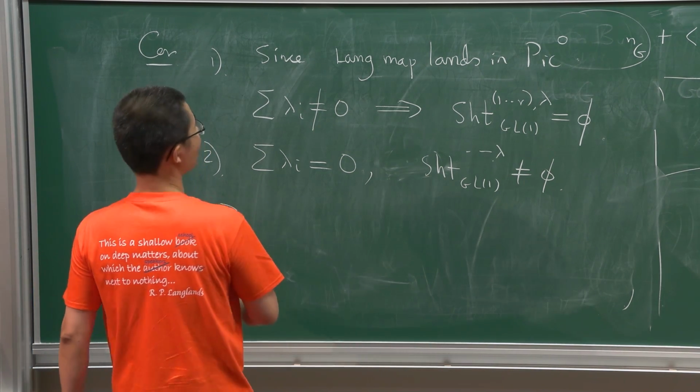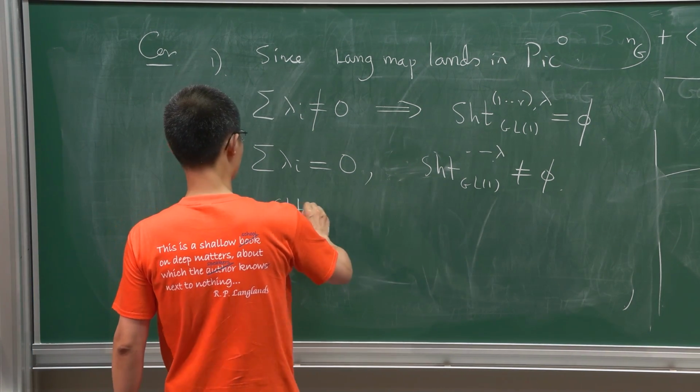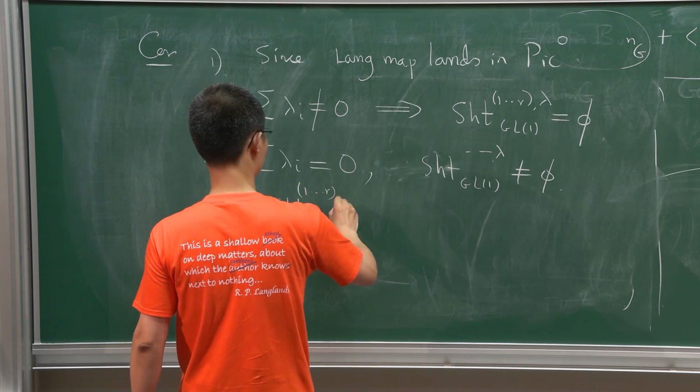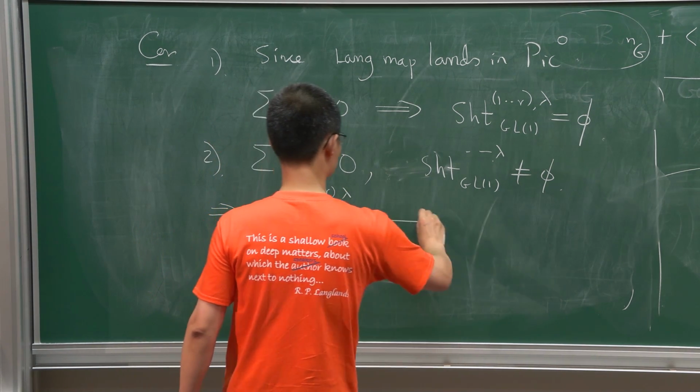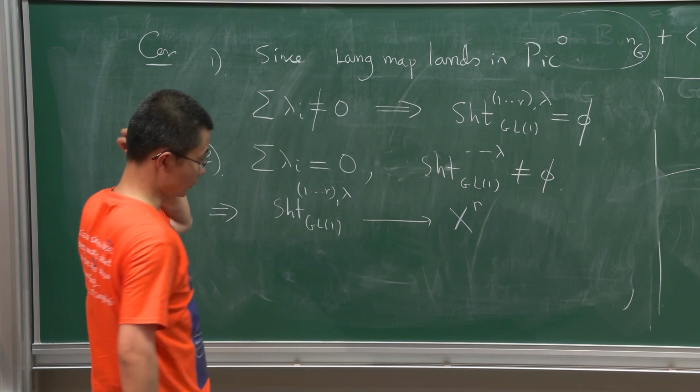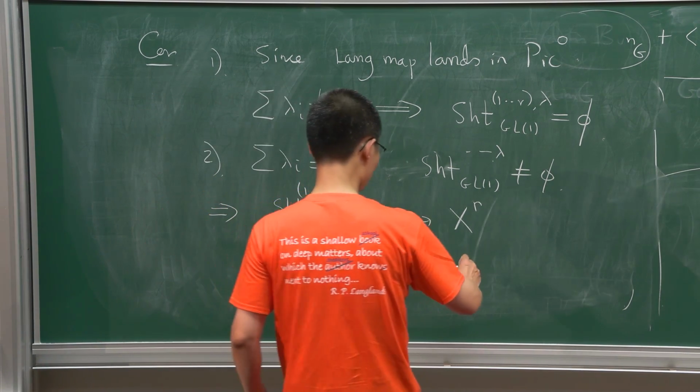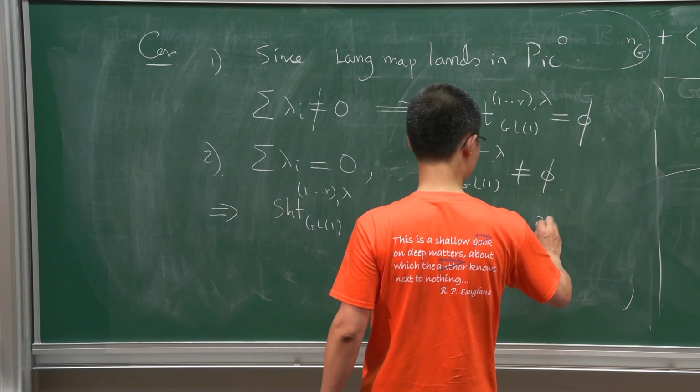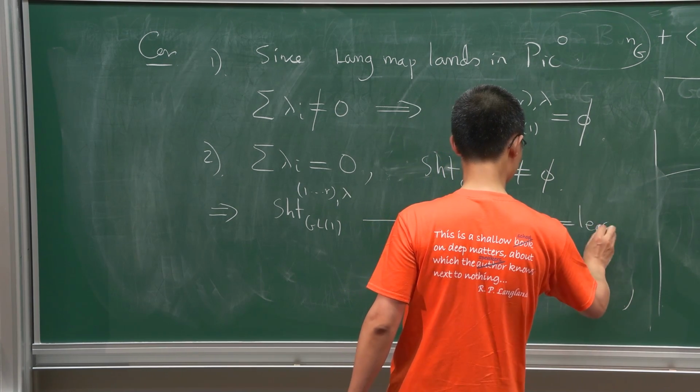So we get that the map from Shtuka to X to the r. By the way, these xi's are called the legs. I didn't mention this.